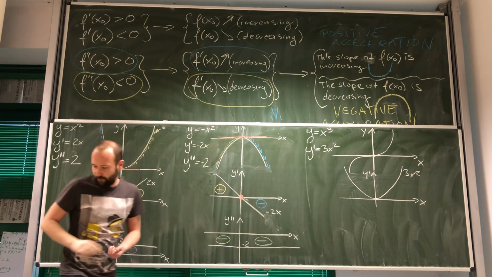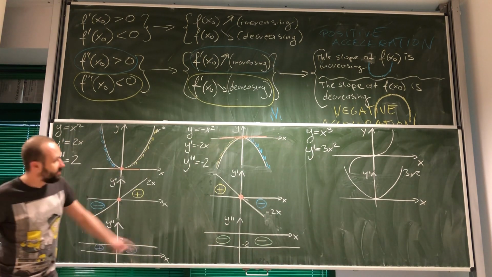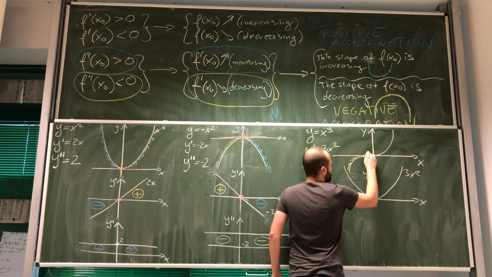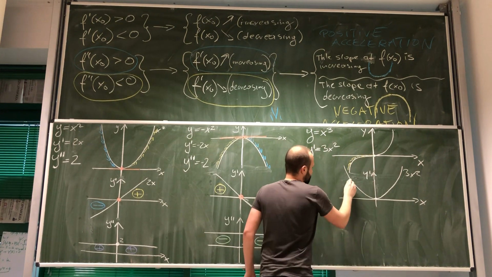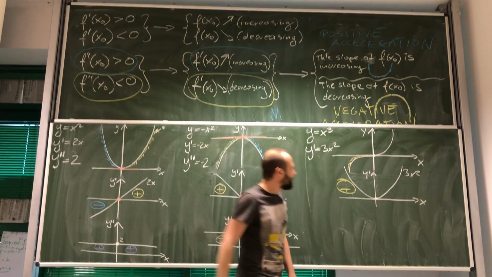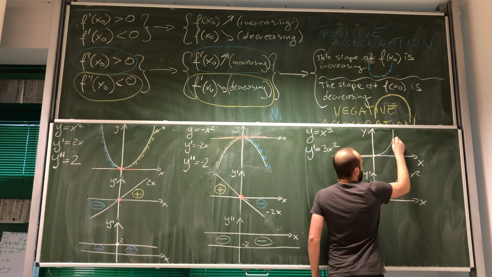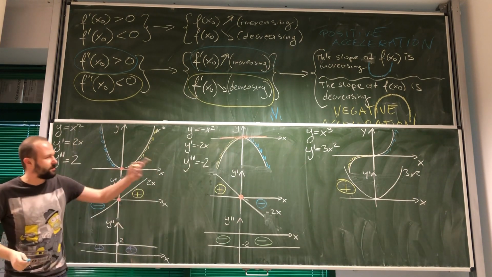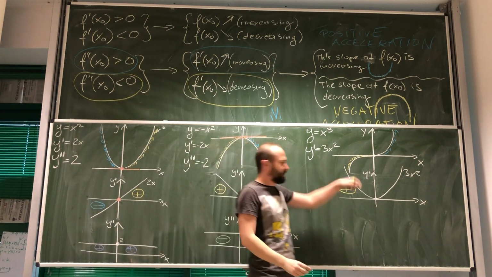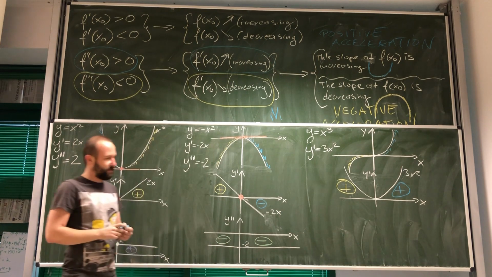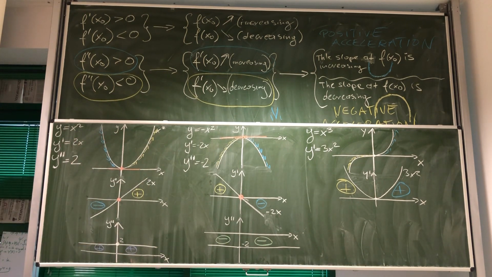And look, what do I see over here? Here, our function is increasing, and the value of the derivative is positive. But to the right of point 0, the function is increasing, but actually it's increasing faster and faster. Here it was increasing slower and slower. Here, values of the derivative are positive.